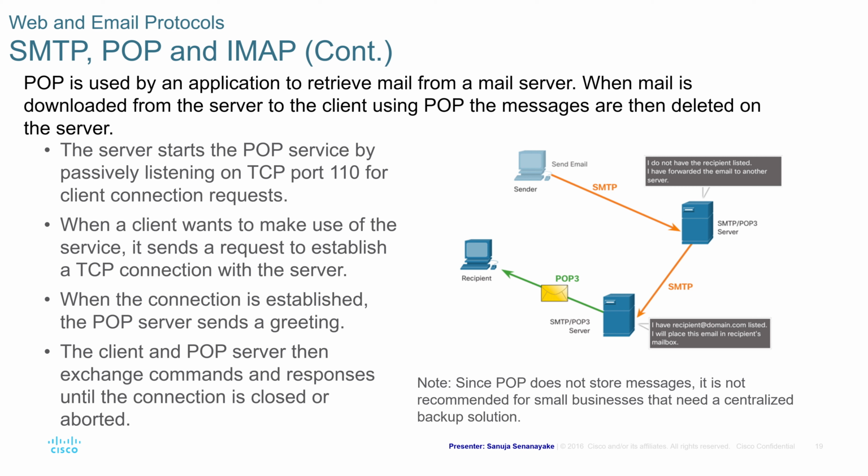When a client wants to make use of the service, it sends a request to establish a TCP connection with the server. When the connection is established, the POP server sends a greeting. The client and POP server then exchange commands and responses until the connection is closed or aborted.